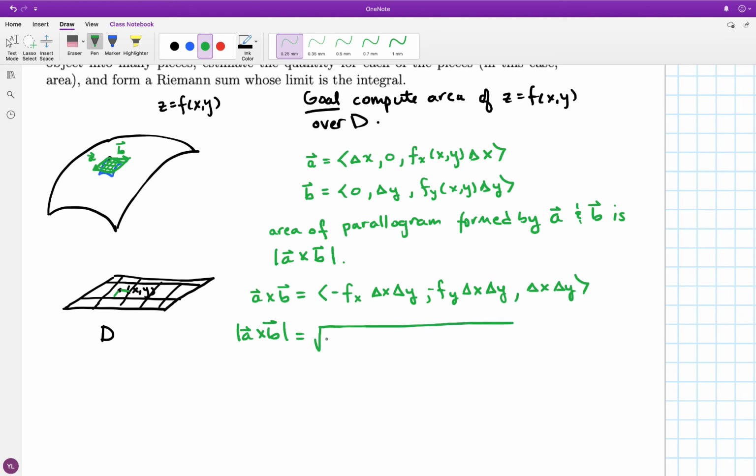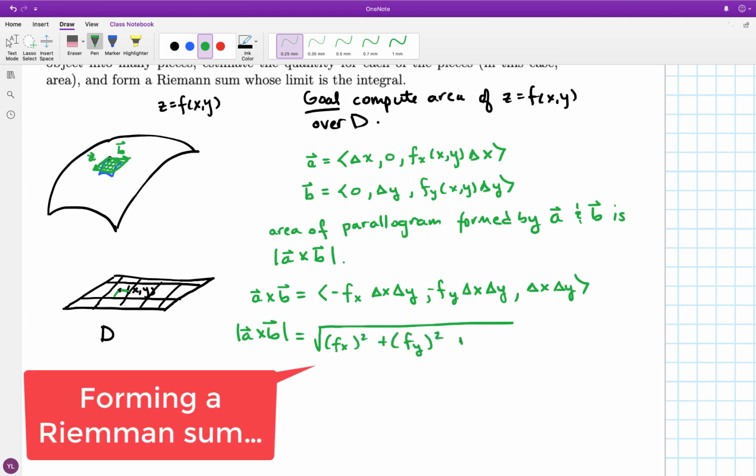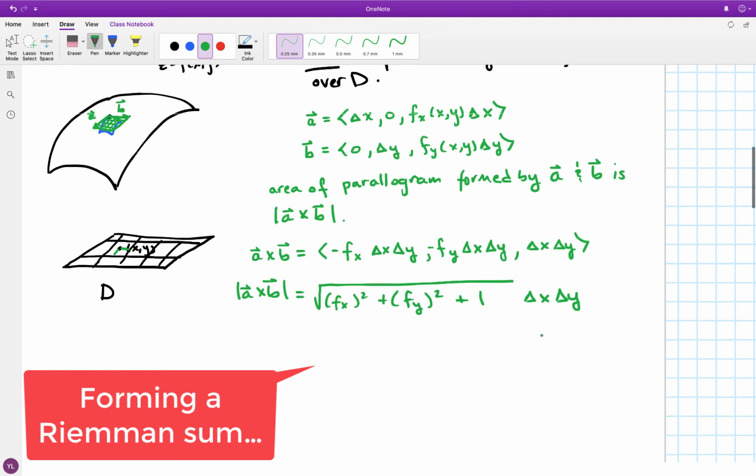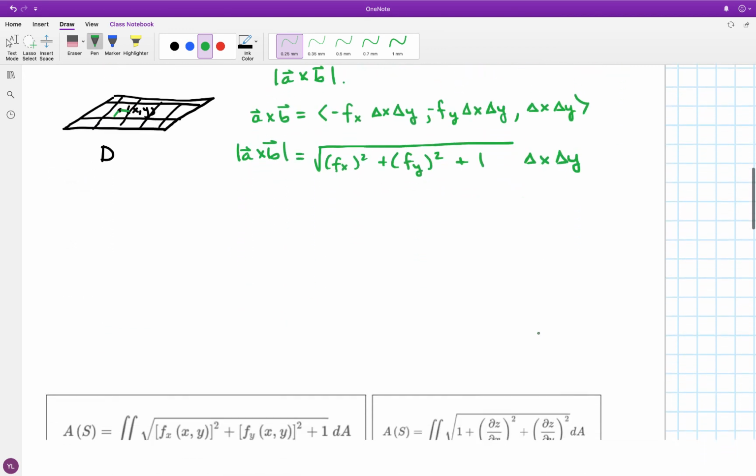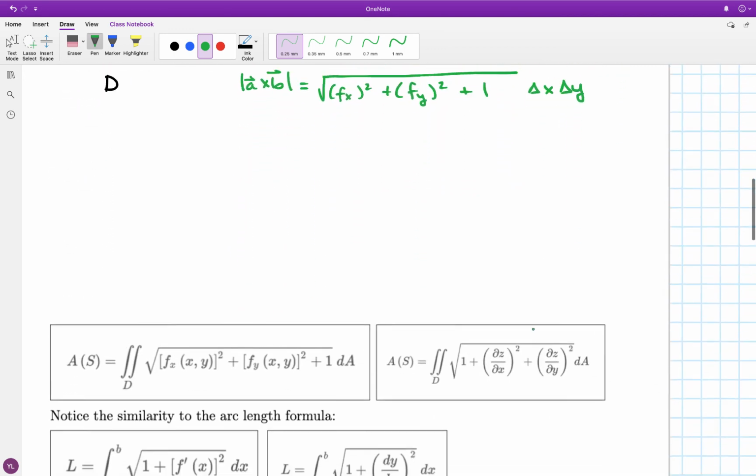So I imagine doing this for many, many pieces spanning all the little regions of the domain that I chopped up. And you form a Riemann sum, which in this case varies over x and y, so it's a double Riemann sum, and its limit will end up being a double integral.